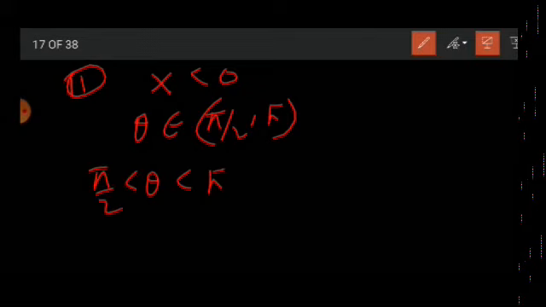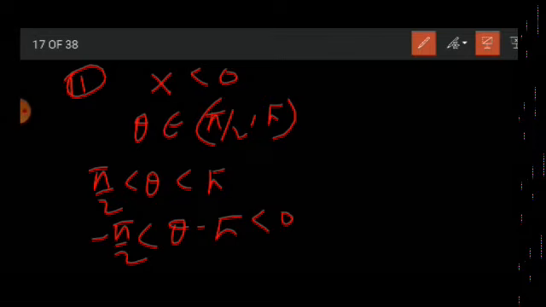Fine. Now if theta is this, then theta minus pi is less than 0 and greater than, if you take the difference with pi, minus pi by 2. So theta minus pi lies between minus pi by 2 and 0, right?